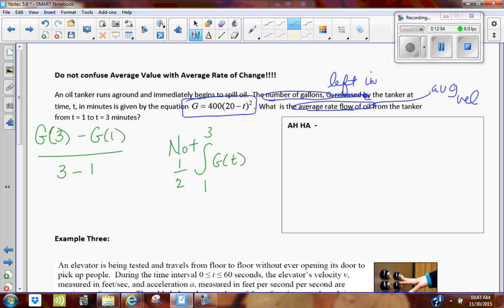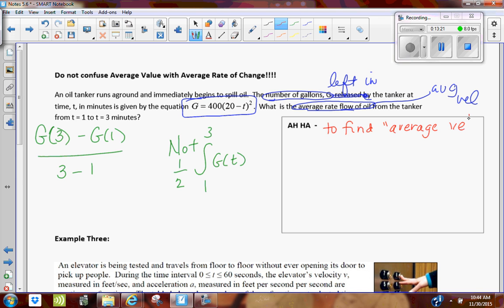So could you ever use an integral to find the average velocity? If you, and then, yes, that's exactly what that means. Okay, so that's my aha. So to find, I'm just going to use velocity as the example.